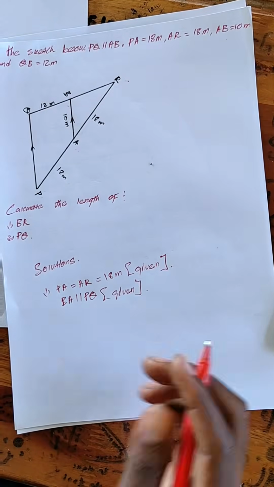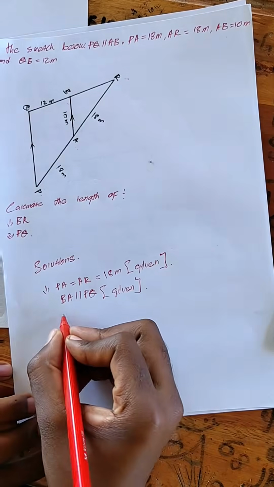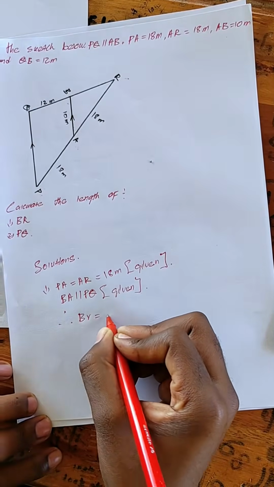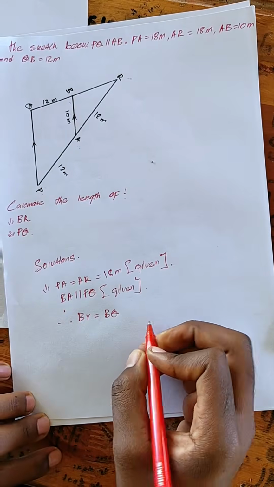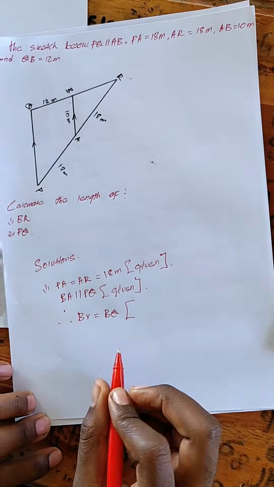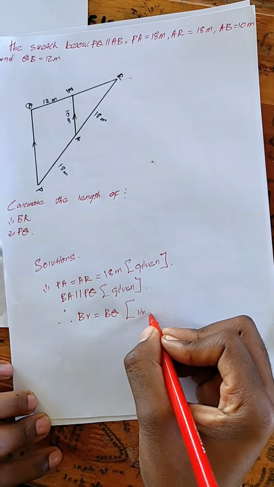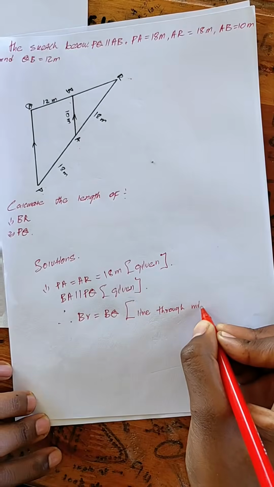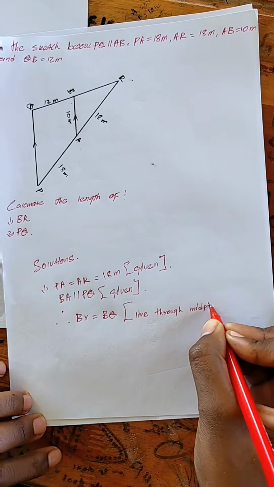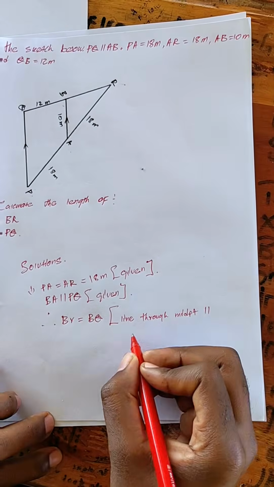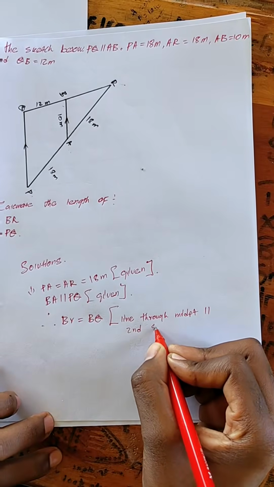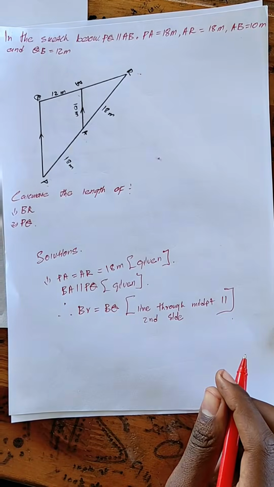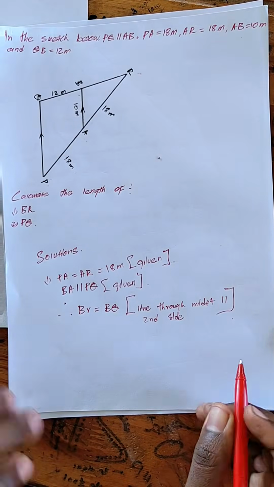Now, what conclusion can we draw from this? We can therefore say BR equals BQ. What is the reason for our conclusion? A line through the midpoint is parallel to the second side.